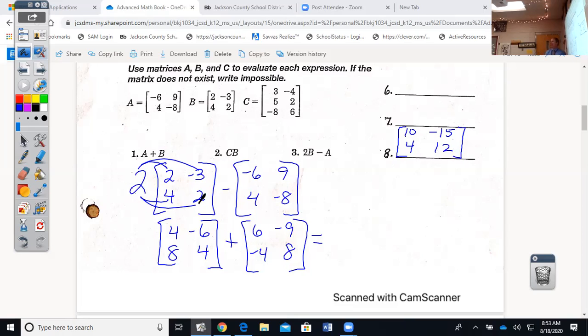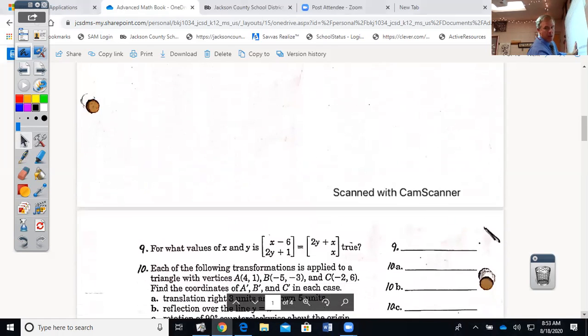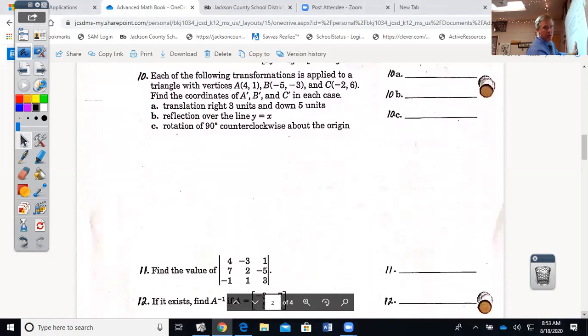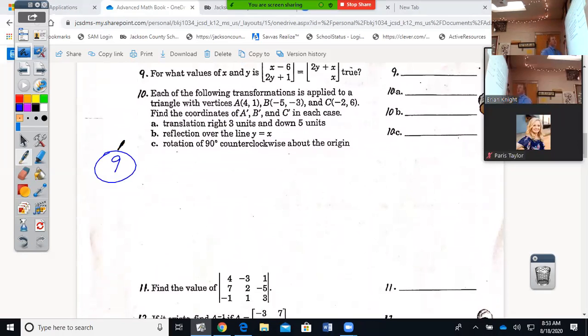Everybody good on the front? All right. On the back, we have a matrix equation. All right, so I'm gonna work number 9 down here. It says equals, right?